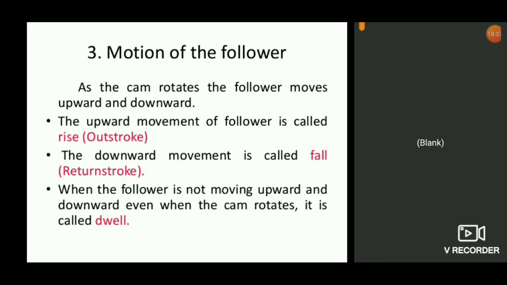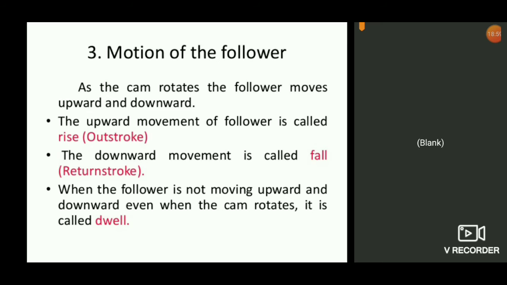Then you can have a third case, where it is neither moving upward nor coming downward. It's just resting at that point itself. That is called dwell. So you have three ways in which the follower can move. It can move outwards, called outstroke, upward motion, or rise.